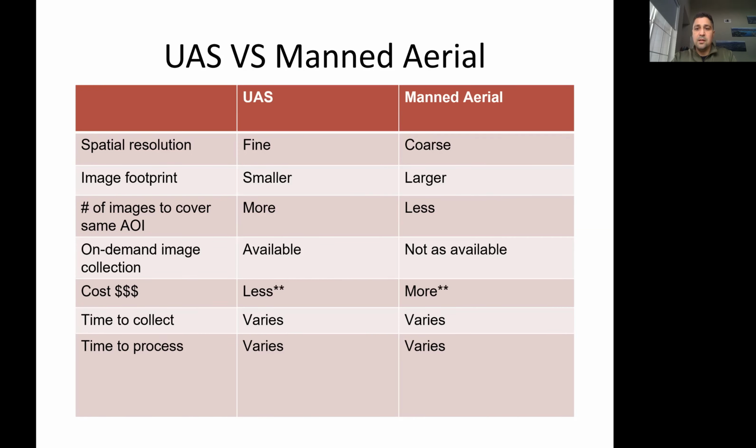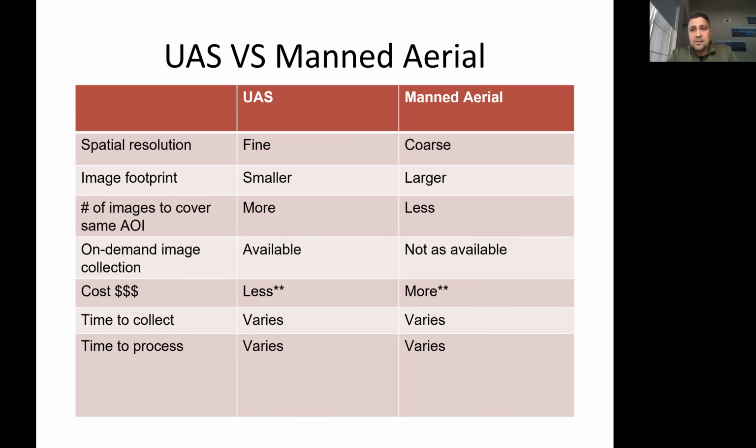Now, I know this says, this is a typo here, because these were exactly the same spatial resolution. But our image footprints, well, let me back up. With the drone, you will have more of a dynamic choice when it comes to spatial resolution, because with a fixed manned aircraft, you're stuck with the lowest altitude that the thing can fly, based on wherever its airspace is going to be.